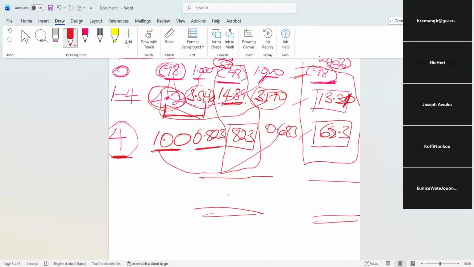Negative 16.39. The last one? Yes, the last one, negative 16.39. Good. So negative, put it in brackets. Now, who is doing the negative 98 plus 14.89 plus 82.3? The other would be 0.81.